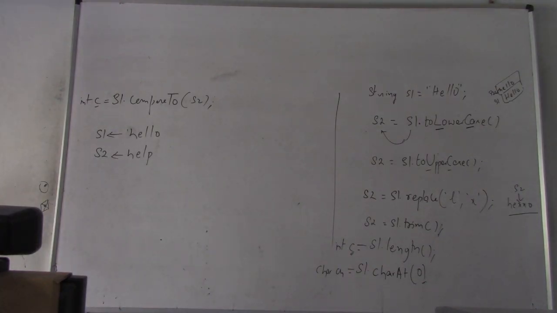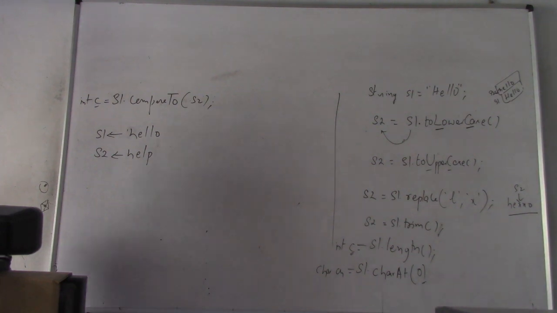What is the answer? Because you are already familiar with C language, you have already completed strcmp comparison. What is the answer? It won't return true or false. It will give you an integer value: positive, negative, or 0.